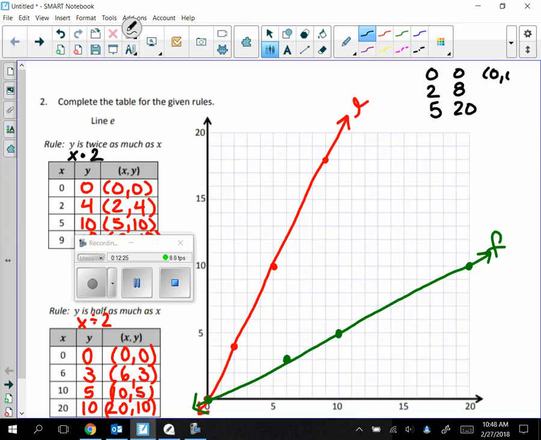So my coordinates for line G: I'm at 0, 0 again, 2, 8, 5, 20.